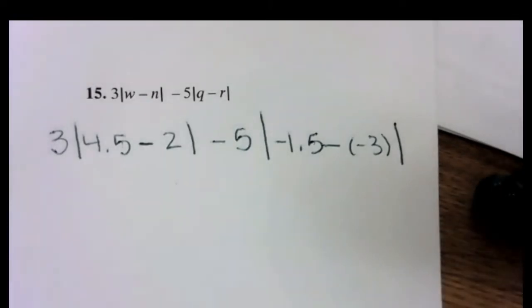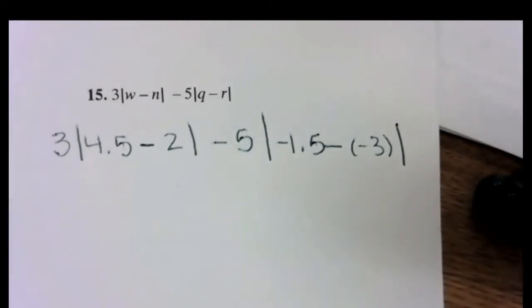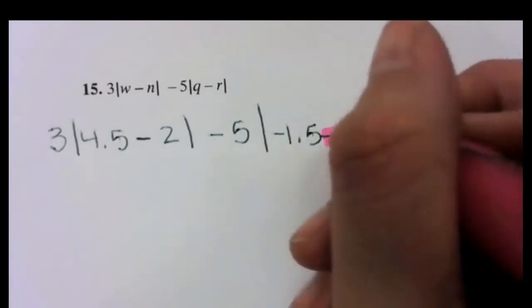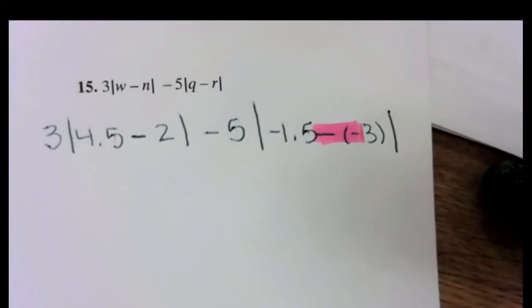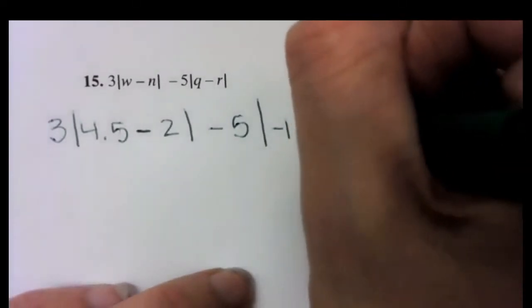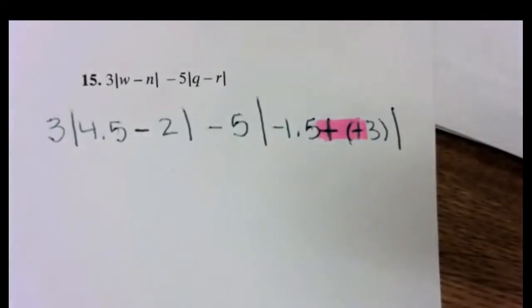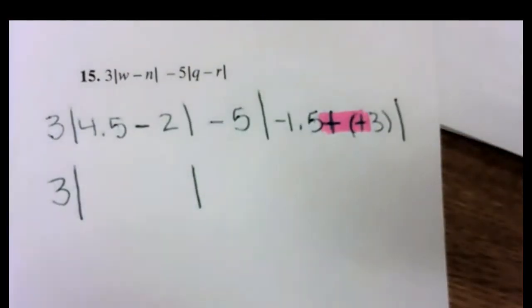The first thing I notice is a minus. So what do you know about a minus, Abby? Good. So we're going to change these to positives. The 3 outside the absolute value does not multiply in.